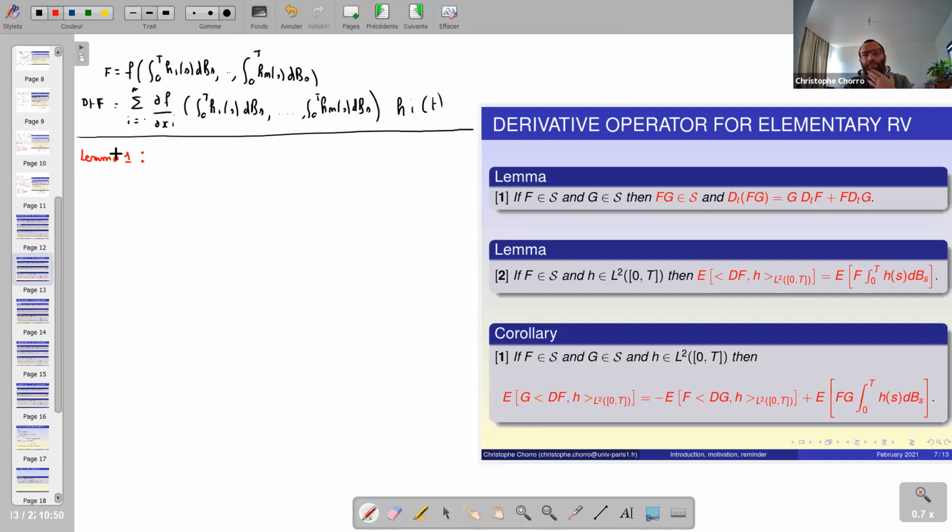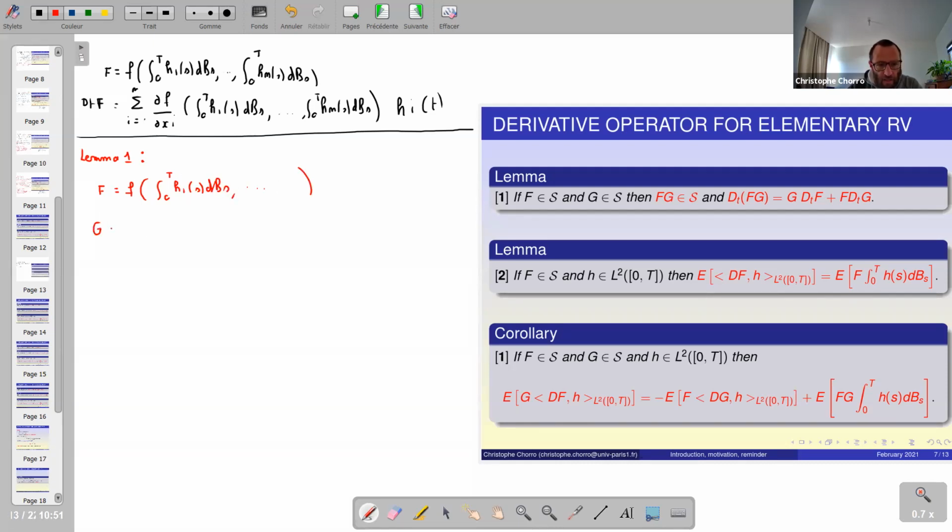Here, what happens? I have F and J that belong to S, so I have two mappings of this form. Let's write things down. I can write F as a function of the integral between 0 and capital T of H1 of s dBs and so on up to Hn of s dBs.